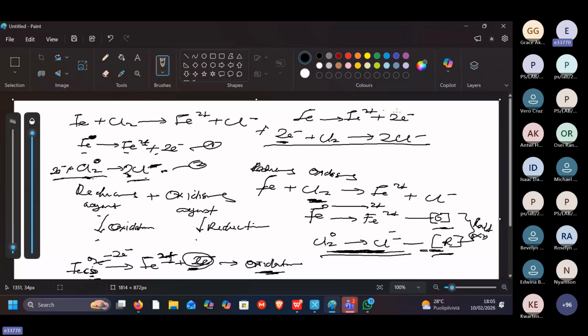When they cross to my right, they become negative. So the electrons will cancel out. Then the final equation will be Fe plus Cl2 moving to Fe2+ plus 2 Cl-. Does it make sense?